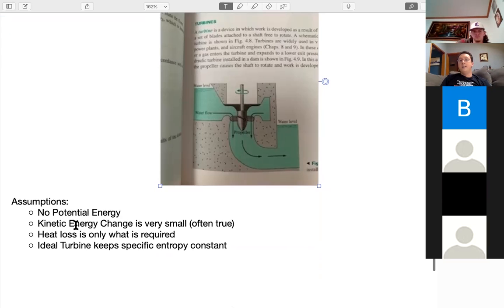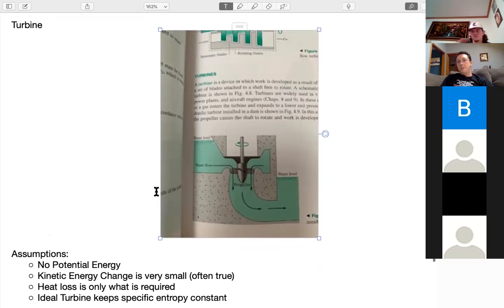Okay, oftentimes the velocity is big going in, and maybe it's big going out.